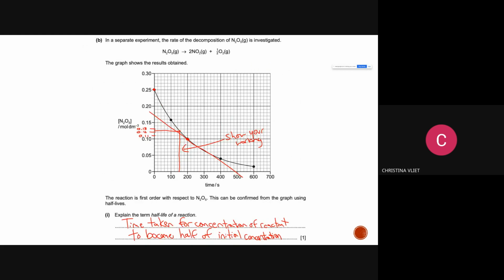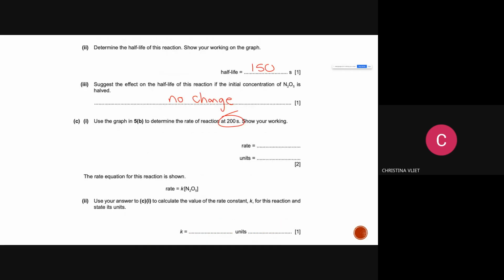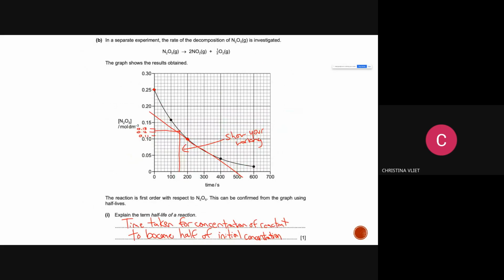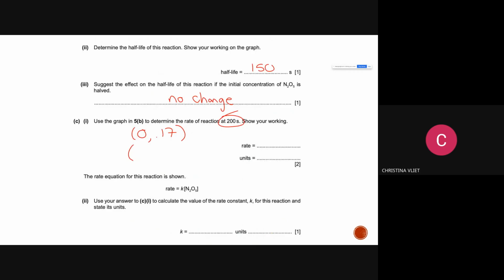I think this is 0.17, somewhere around there, and 0. And the other coordinate would be, I think, 485. Something like that.